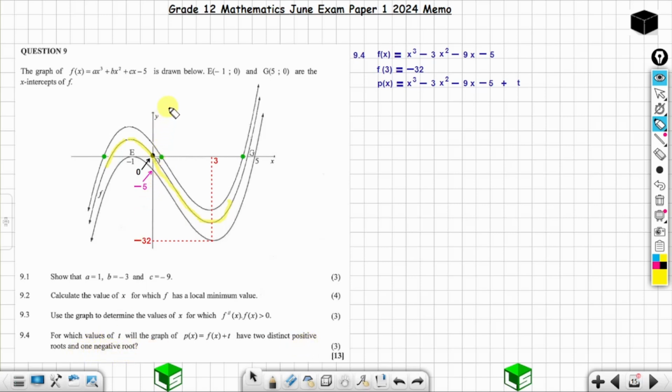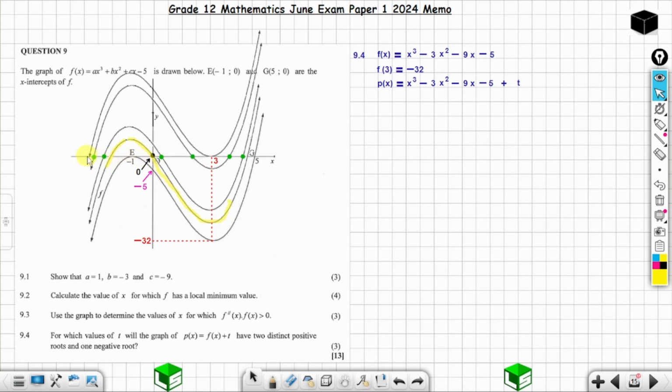You have to go above. Do not go below this boundary where negative 5 plus t is equal to 0. Now, up until when will you stop? Okay, I can do this. Can you see? I'll still have one negative root and two distinct positive roots. But if I try to do that, I get my turning point at the x-axis.